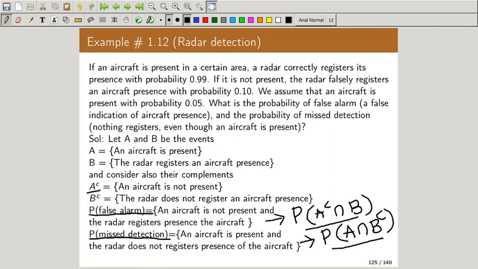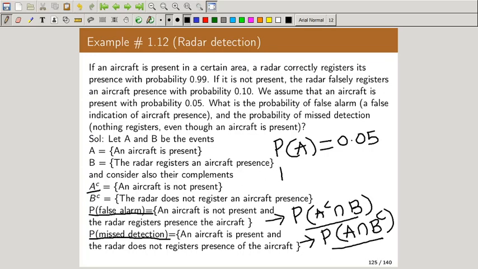Before that, what is given in the data? What data is given in the problem? Let me write here. First of all, we assume that an aircraft is present with a probability of 0.05. That means the probability of the presence of an aircraft, P of A, is 0.05.